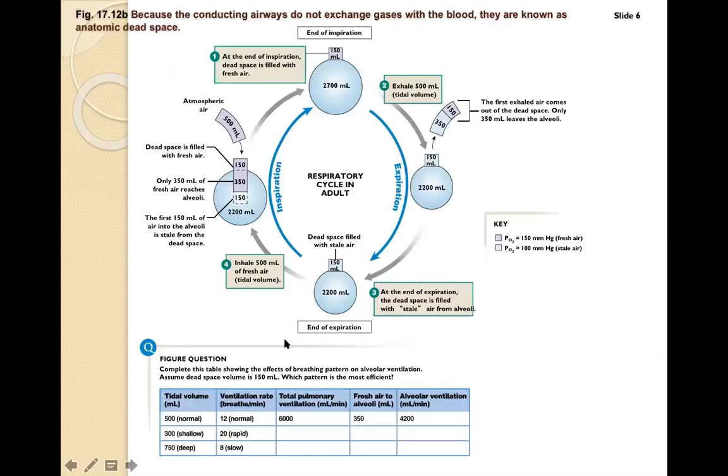So let's go back for a second here. It says complete the table showing the effects of a breathing pattern on alveolar ventilation. It's looking at normal breaths, shallow breaths, and deep breaths.